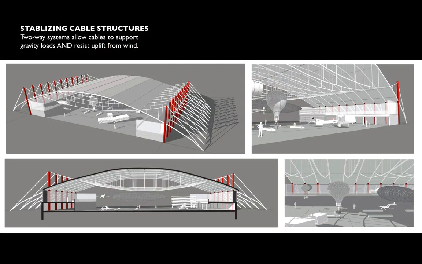One of them is to use stabilizing structures, so cable trusses that run both directions and therefore are able to provide tension resistance both to gravity loads and to uplift loads. So here, in this example, you can see that there are cables with two curvatures. One that is a positive curvature, a frowny face, and one that's a negative curvature, right, a smiley face.